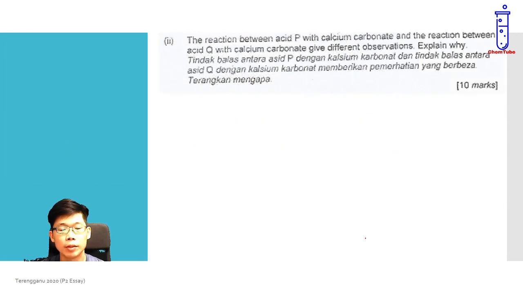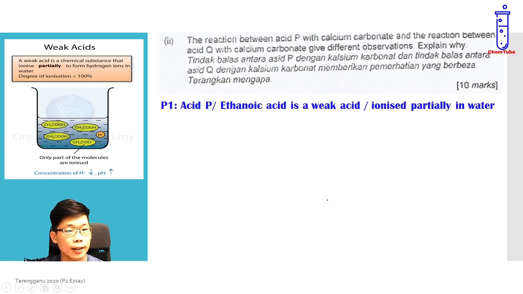The reaction between acid P and calcium carbonate, and acid Q with calcium carbonate, give different observations. Explain why. So here you have to use the strong acid and the weak acid for your explanation. Just now I mentioned it already.